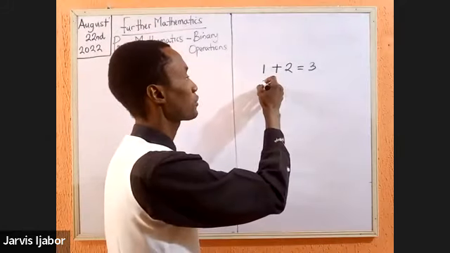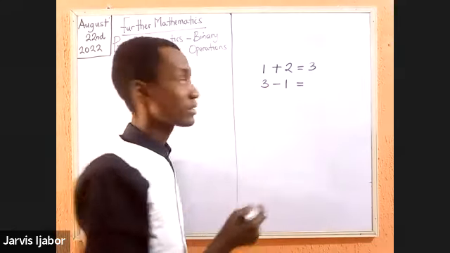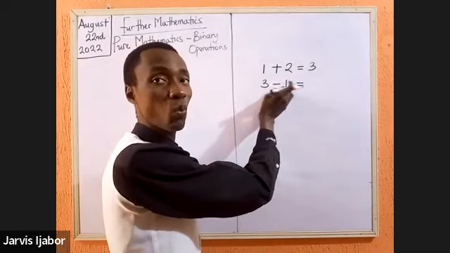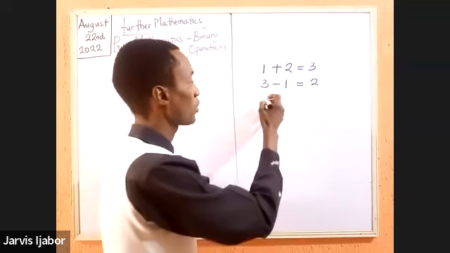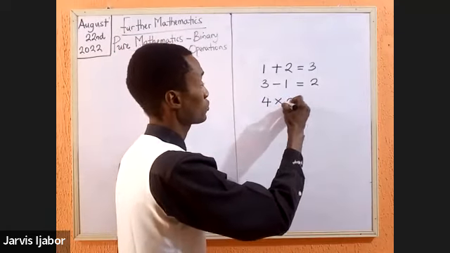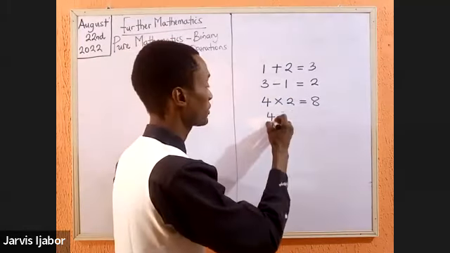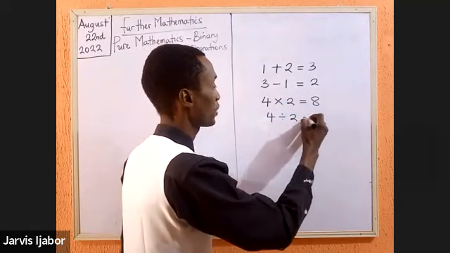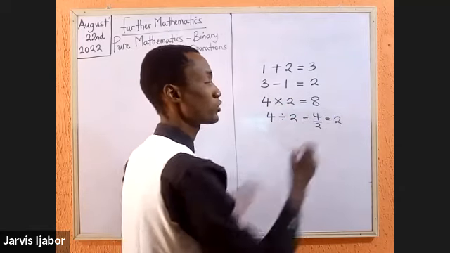Now we can also have 3 minus 1. 3 minus 1 will suggest to 3, move 1 out of it, and that will be what? 2. We can also have what? 4 times 2, and that will give us what? 8. And we can also have 4 divided by 2, which will mean 4 over 2. Split 4 to 2 parts, and that will be 2.